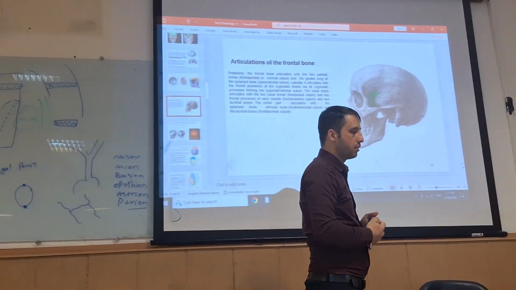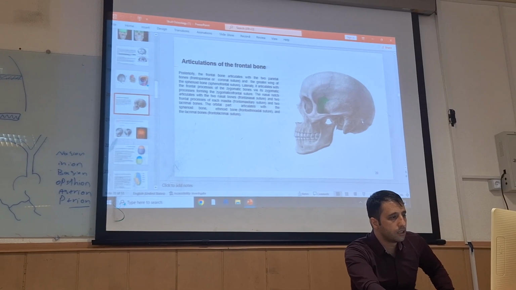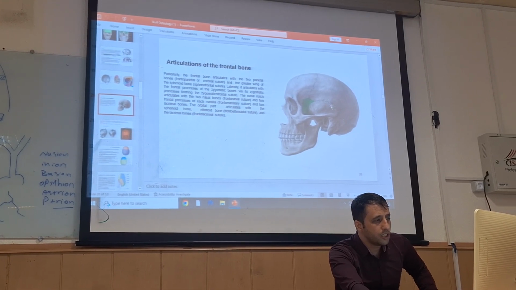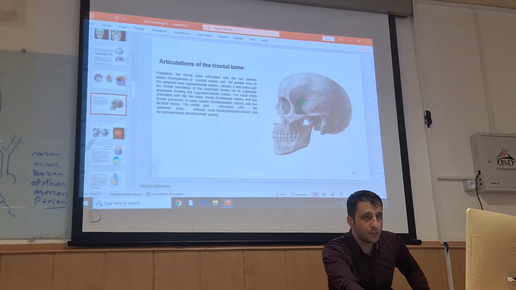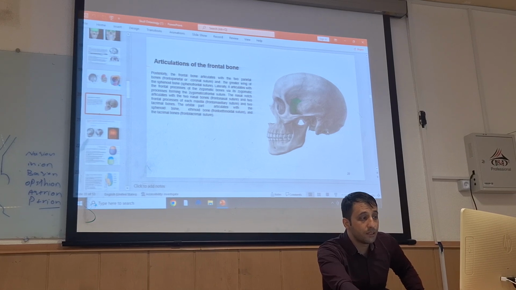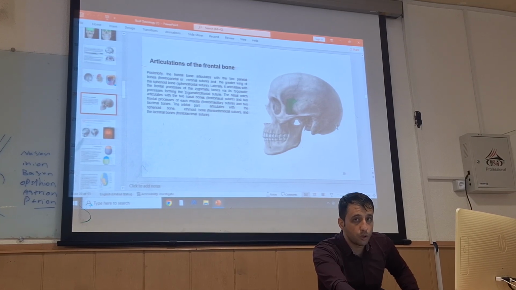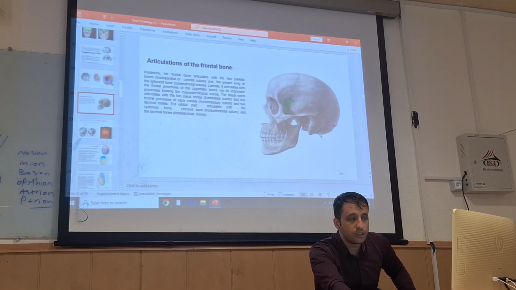Okay, extradural hemorrhage. Here is asterion. The squamous suture connects to the lambdoid suture superiorly, and what is this suture? Occipitomastoid. It is mastoid, it is occipital. It is the occipitomastoid suture.